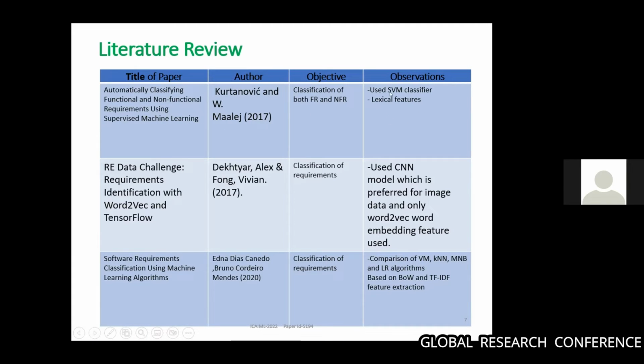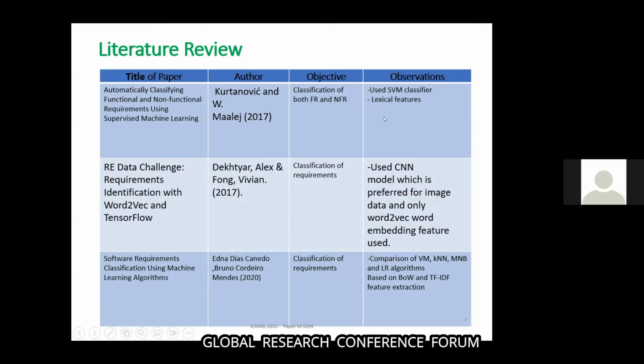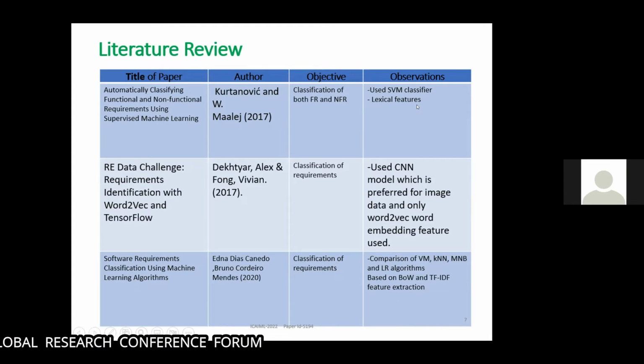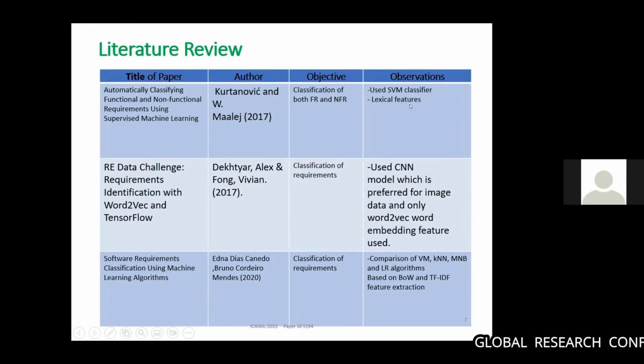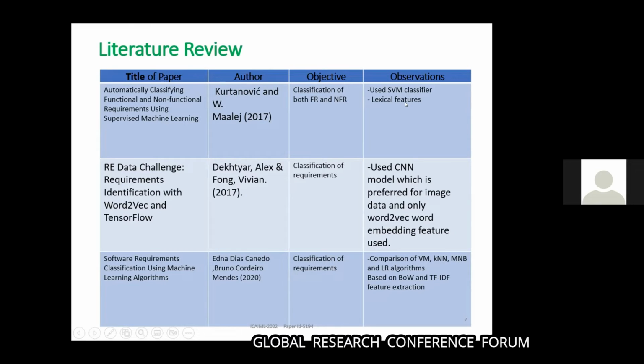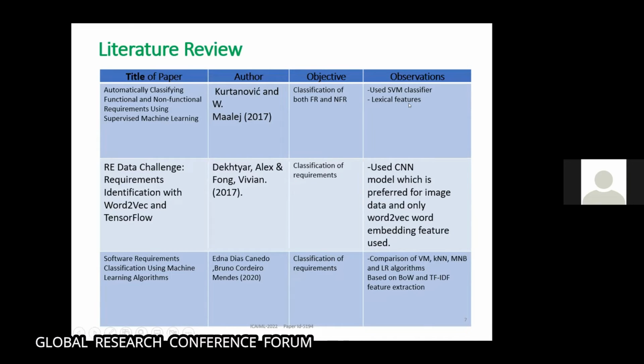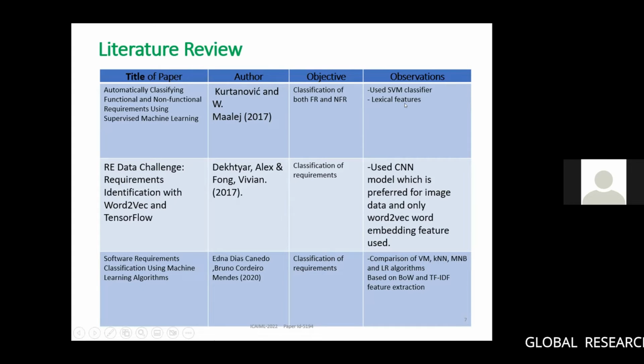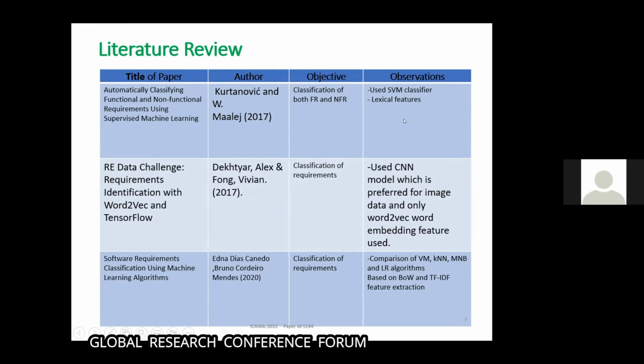But they are relying totally on the SVM classifier, and they have taken the traditional lexical features into consideration to support the SVM classifier. They have expanded the existing PROMISE data set, but they have also highlighted that there is an unbalanced data set, and their automatic classification may get hampered because of it.